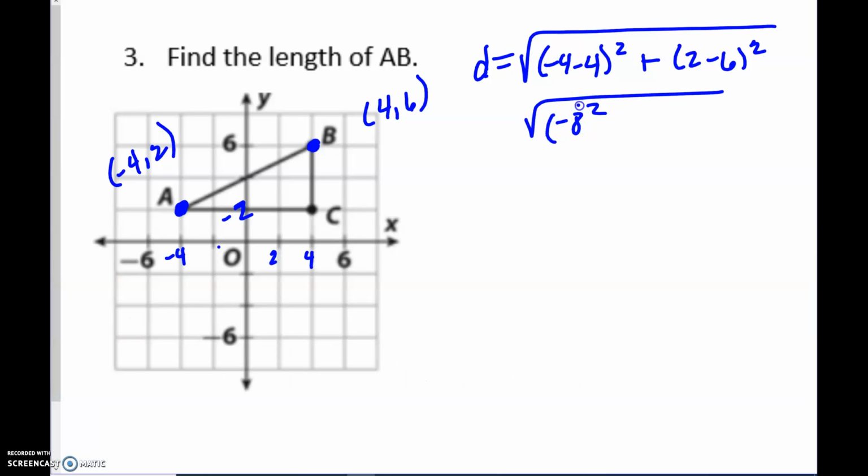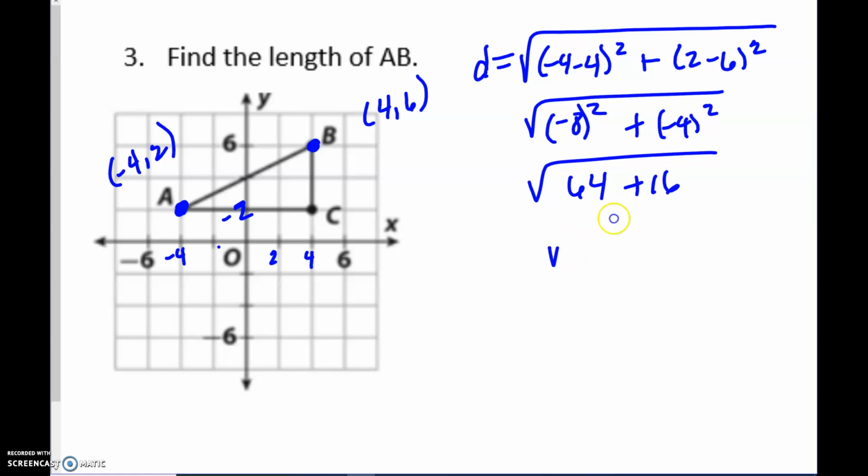Remember, we need parentheses around this, so that would be a positive 64. Then 2 minus 6 is a negative 4 squared, so that's a positive 16. 64 plus 16 is 80. Now the square root of 80 is 8.9.